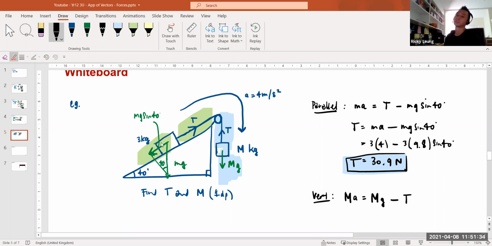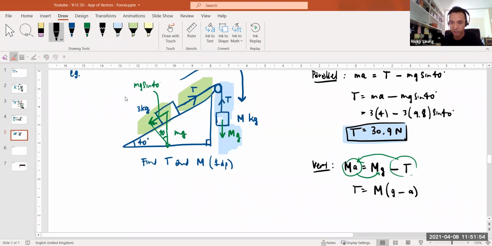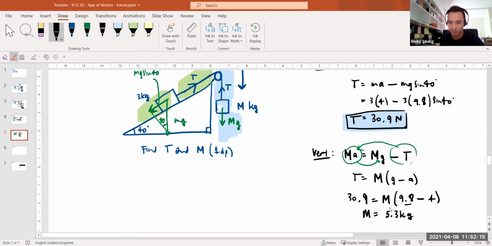I need to make capital M the subject, so I'm going to move tension over to this side and factorize it. So tension equals capital M times (g minus a). Then all I have to do is sub in tension: 30.9 equals M times (9.8 minus the acceleration of 4). Divide that over and you should get 5.3 kilograms as the missing mass.